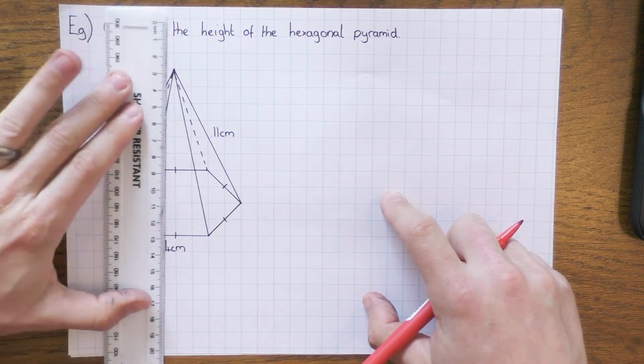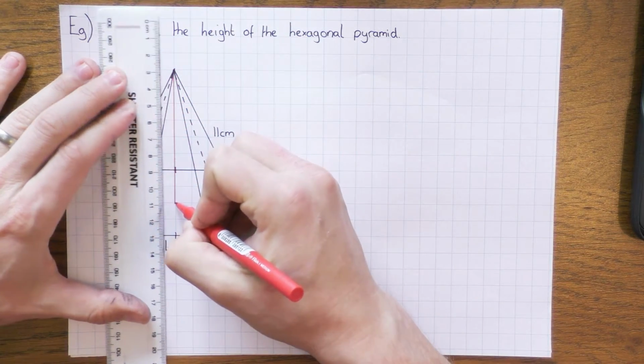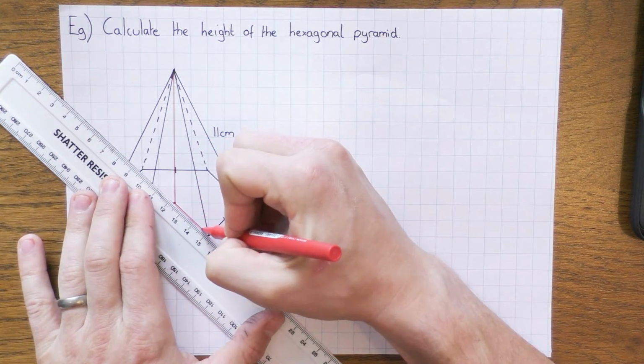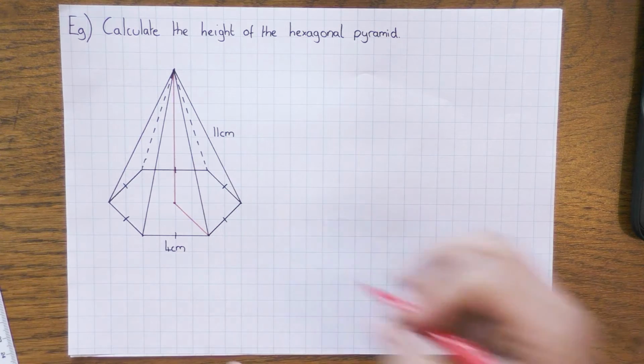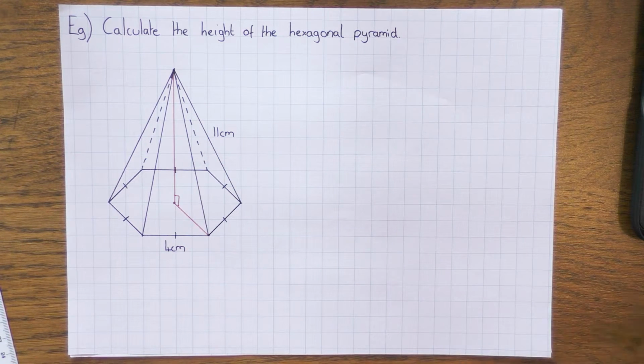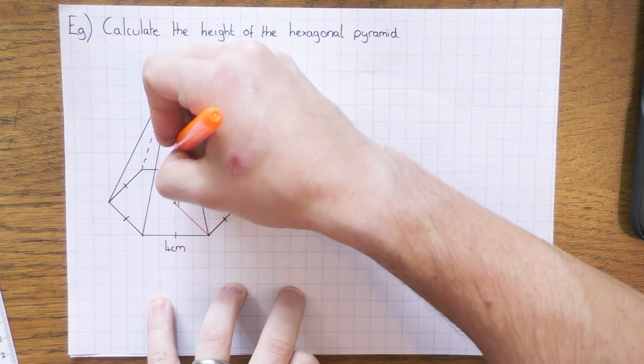And just like before, we need to work out the height. So again, I'm just going to draw the height there. And as before, I'm just going to draw from the center to a corner, so you can see that I've created a right angle triangle. Again, just colour it in if it helps. If it doesn't, don't worry about it.